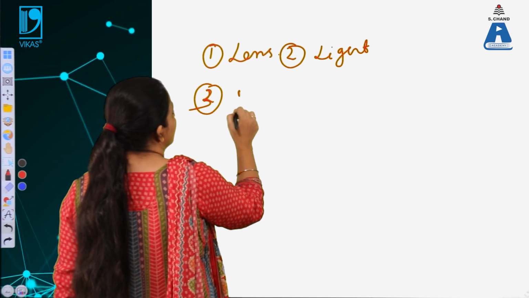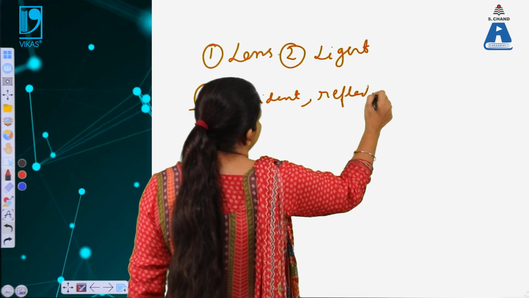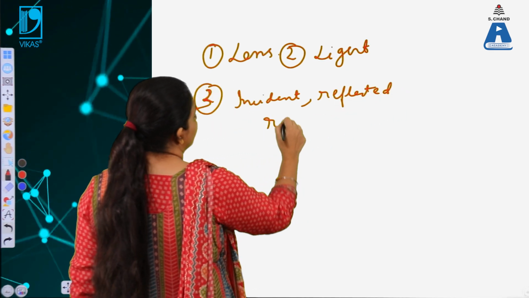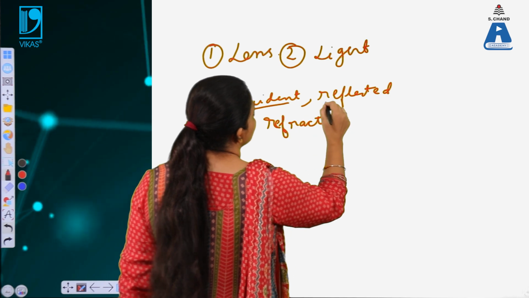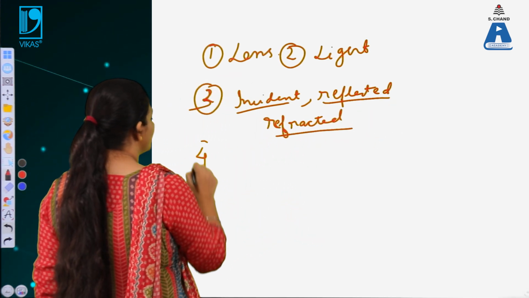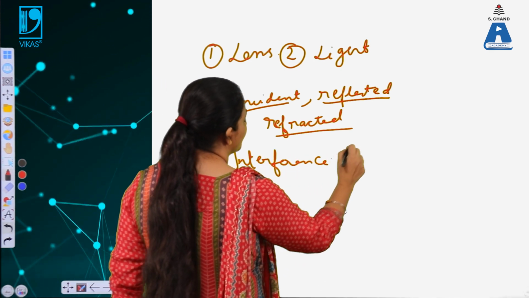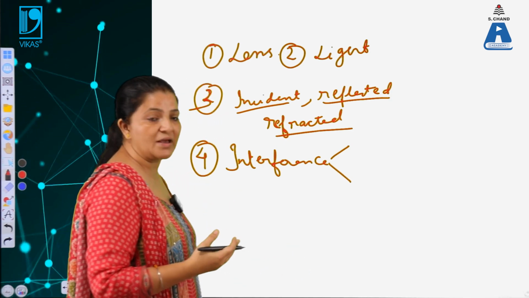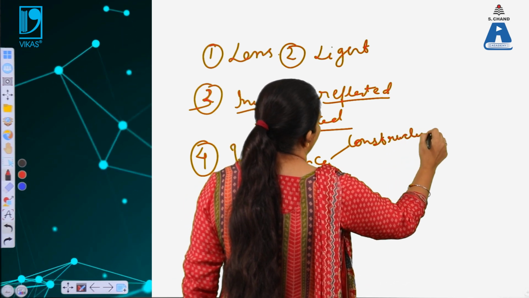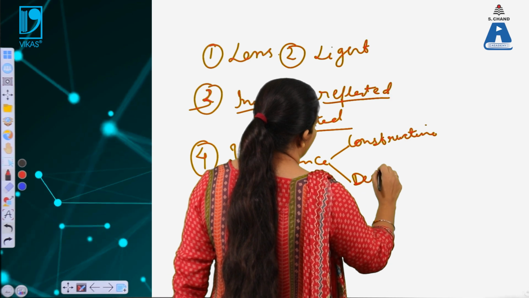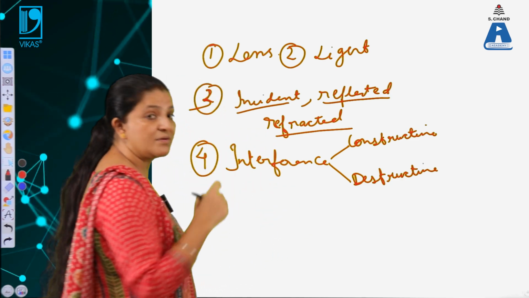We know that when light is incident, some portion of the light gets reflected and some portion gets refracted. So incident light, reflected light and refracted light must be there. Fourth, we must have knowledge about the interference pattern, because it is of two types: constructive or destructive interference.